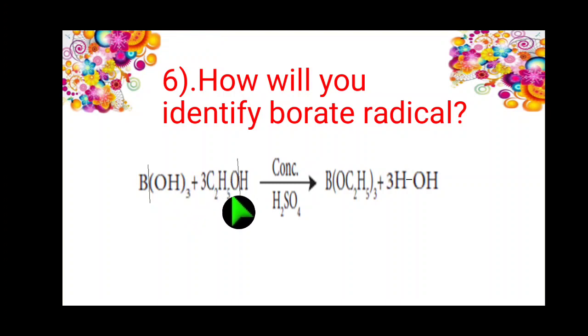OH coming here means we can get 3 moles of water. OC2H5 going here means we can get triethyl borate. Exchange of OH and C2H5O on the reactant side gives the product.